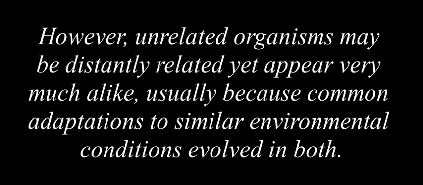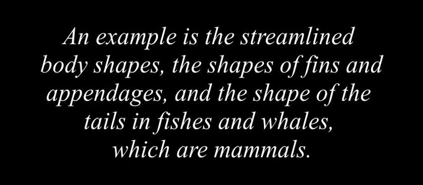However, unrelated organisms may be distantly related yet appear very much alike, usually because common adaptations to similar environmental conditions evolved in both. An example is the streamlined body shapes, the shapes of fins and appendages, and the shape of the tails in fishes and whales, which are mammals.